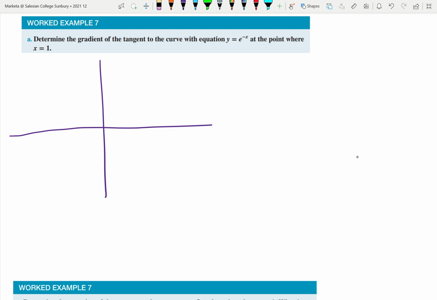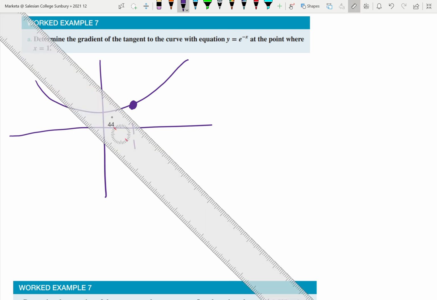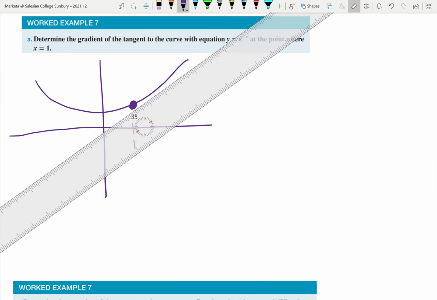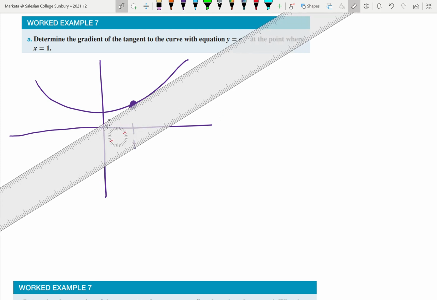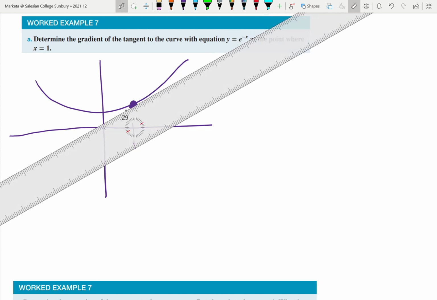I'm just going to draw a different shape because I want to be able to show that a little better. So just say there's x is 1, and what we're looking for is the gradient of the line or the tangent at that point. So obviously my curve is not e to the negative x here, but the point is I want to just point out what the tangent is.